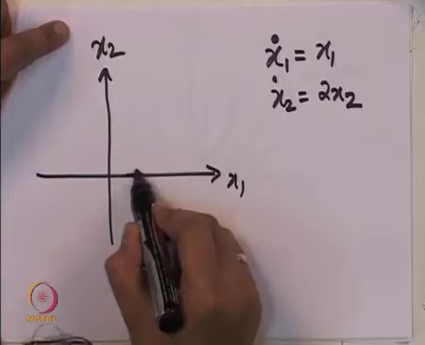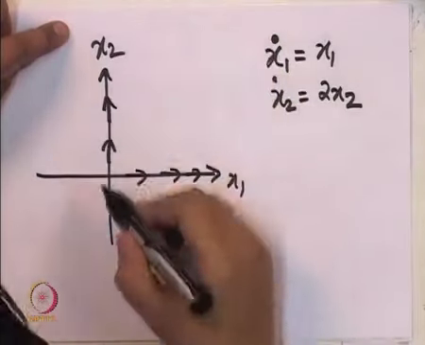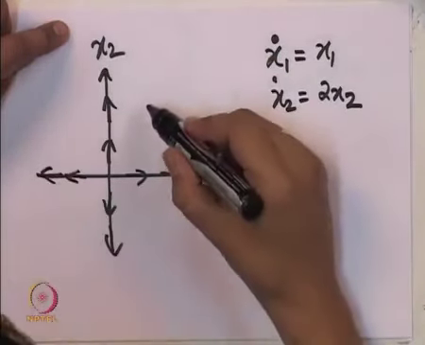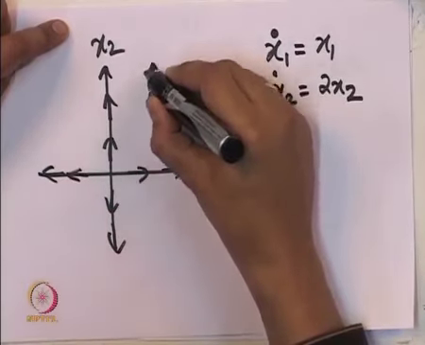Here along the x1 axis all arrows are directed away, along the x2 axis also all arrows are directed away, and at any other point, let us say 3, 4, we can see that we can draw the arrow.